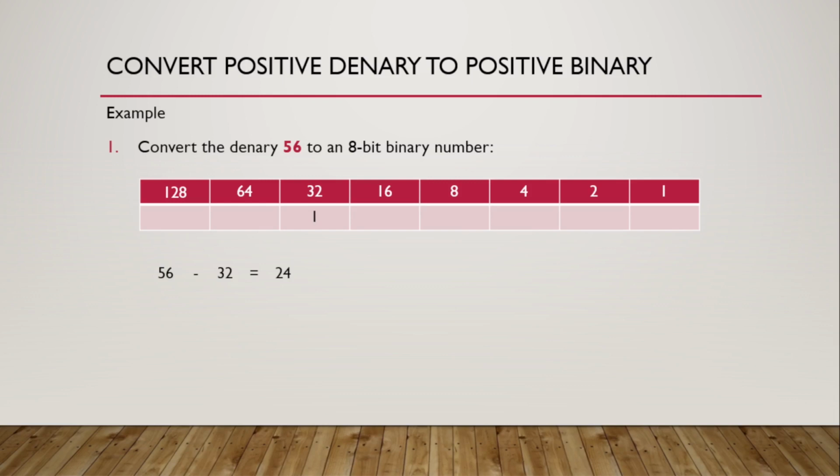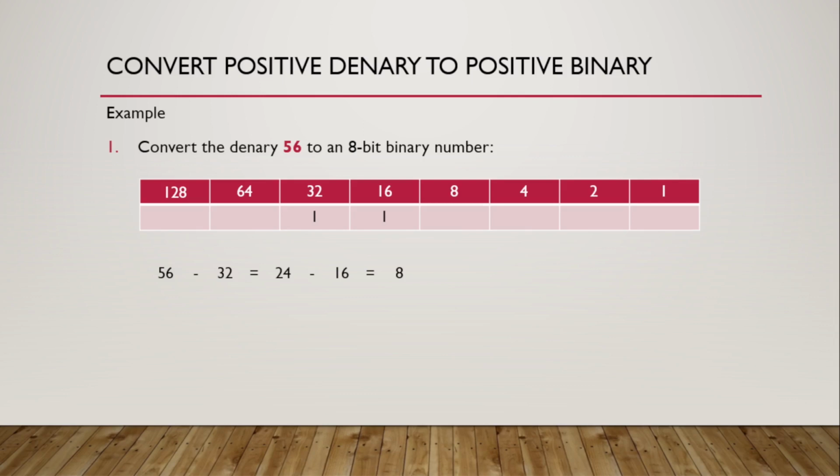Now 24 is our updated denary. We start with 24 at this point. Is there any place value in the table that is less than or equal to 24? And that would be 16. We place a 1 under 16 and subtract 16 from 24 to get 8.